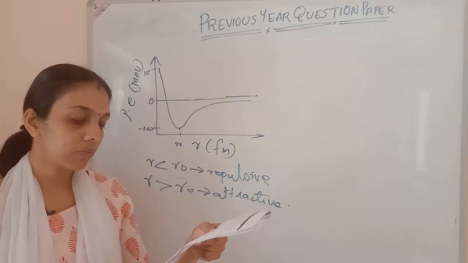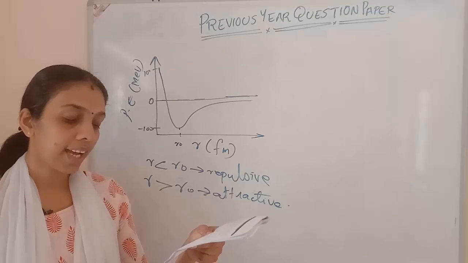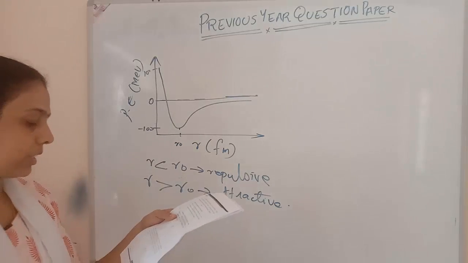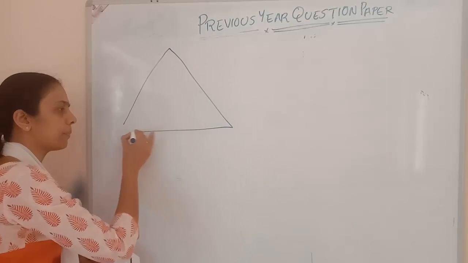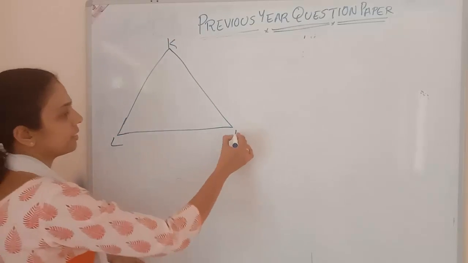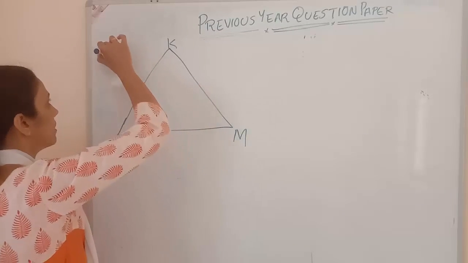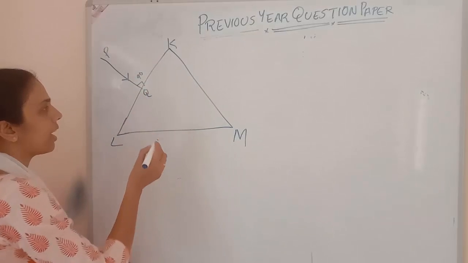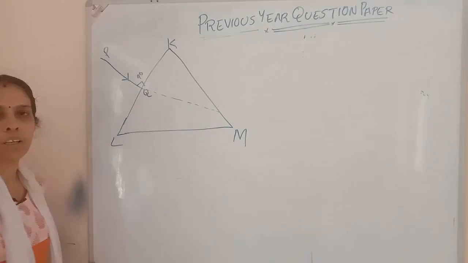Trace the path of the ray as it passes through the prism and calculate the angle of emergence and angle of deviation. So here this is the prism KLM. This is PQ which is falling. It is 90 degree, it is given.